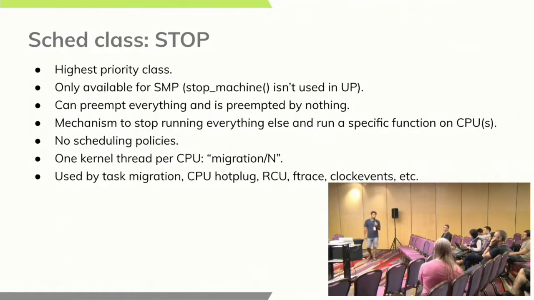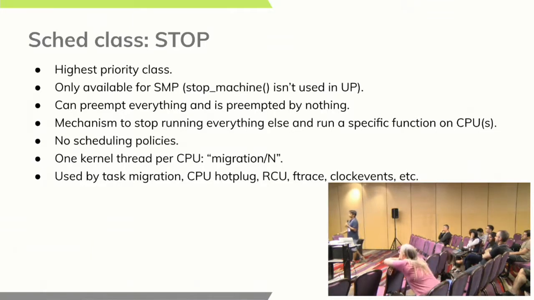So let's go to all the scheduling classes one by one. The highest priority scheduling class available is the stop scheduling class. There is always only one thread which has a policy of stop. If you try to see it in top or some other debuggers, you may have seen a thread named migration/n. The n here is the CPU number, and migration says that it is a thread which has a scheduling class of stop scheduling class.